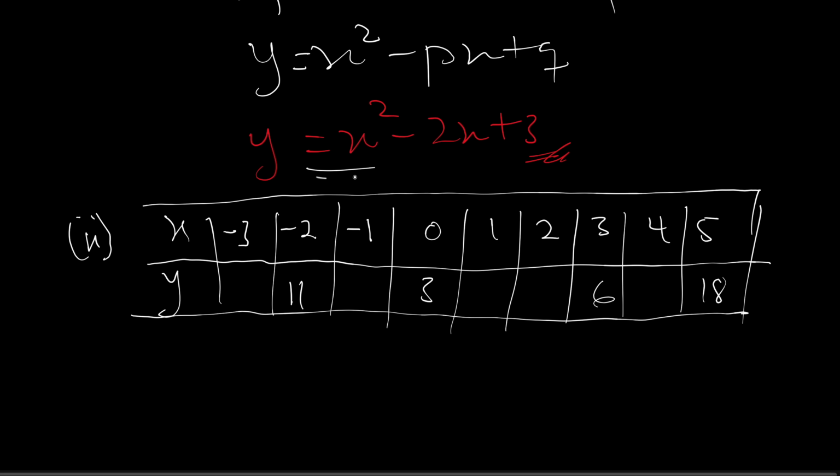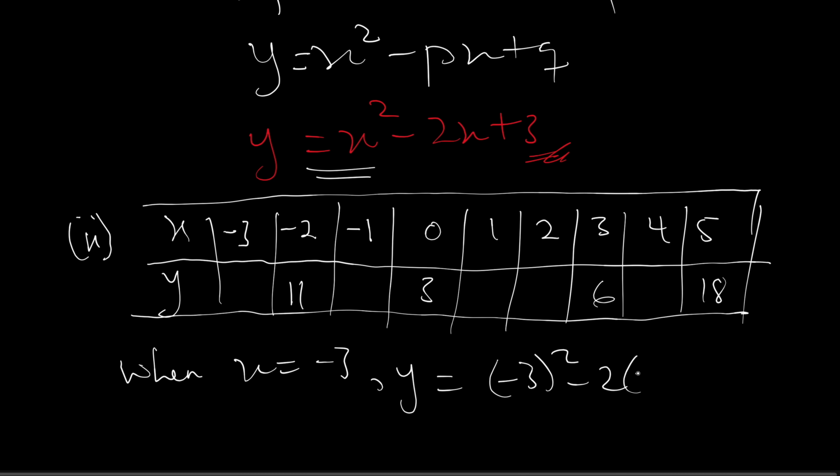And we are using this relation. So when x is equal to -3, our y will be equal to negative 3 squared minus 2 times negative 3 plus 3. And that should give us 18. So this will be 18.